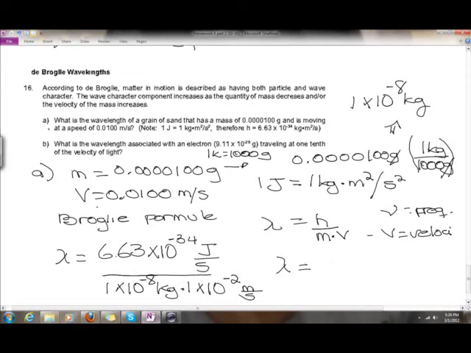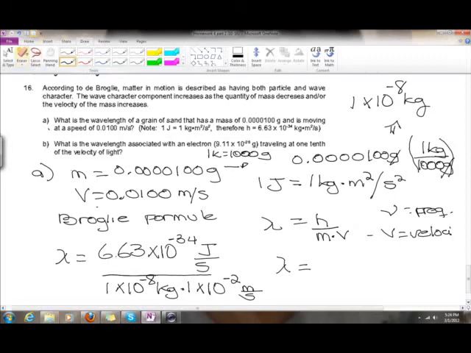Making all this calculation, let me erase it here.